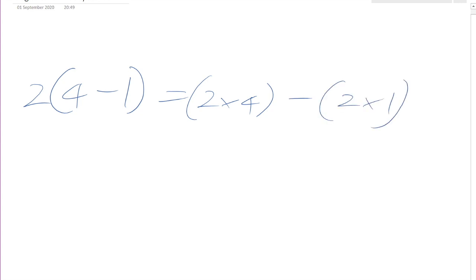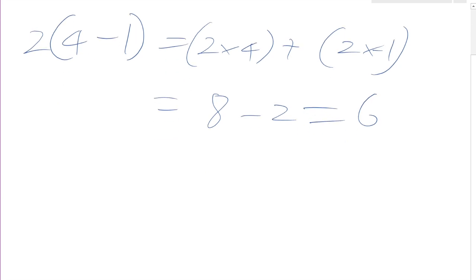Always watch the signs. Technically that should be plus 2 times minus 1, but the minus comes out and makes it negative anyway. I'm going to keep it as plus 2 times minus 1 for now, actually, because it's clearer. Anyway, 2 times 4 plus 2 times minus 1, obviously 2 times 4 is 8, 2 times minus 1 is negative 2, and then 8 minus 2 is 6. Again, the maths works.